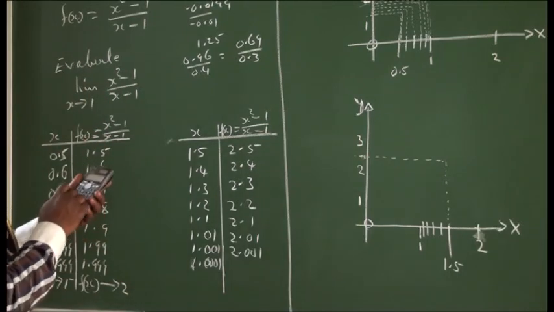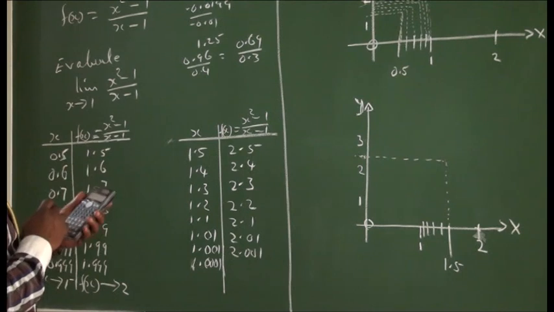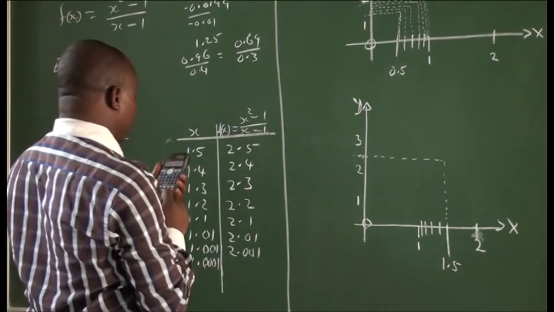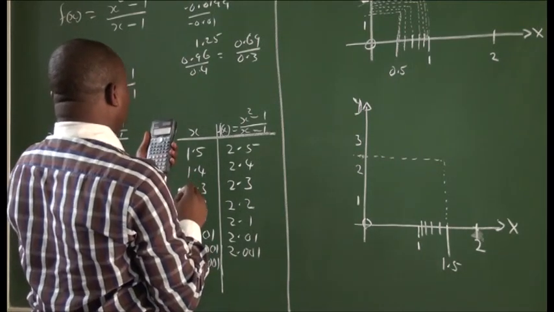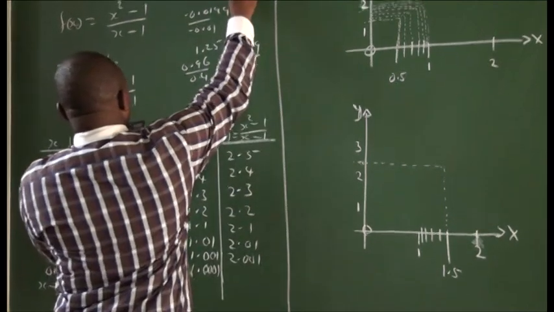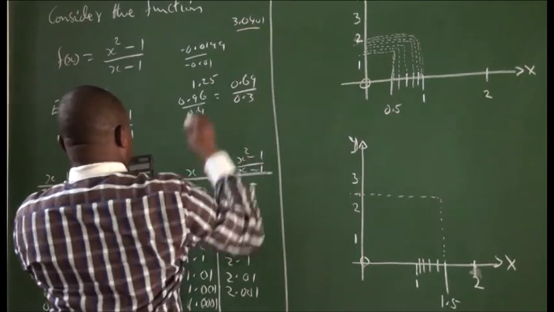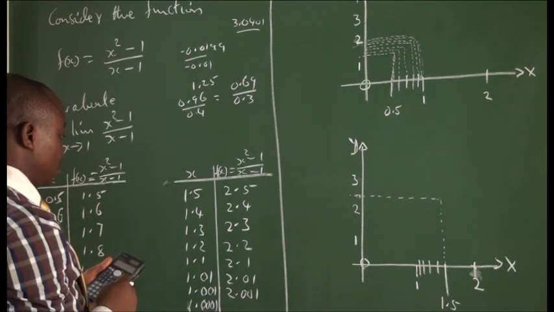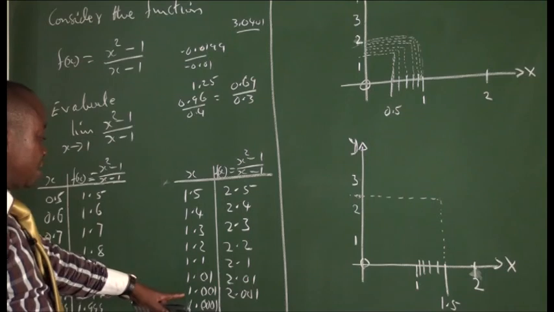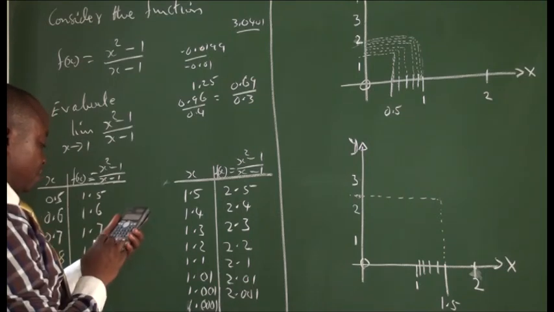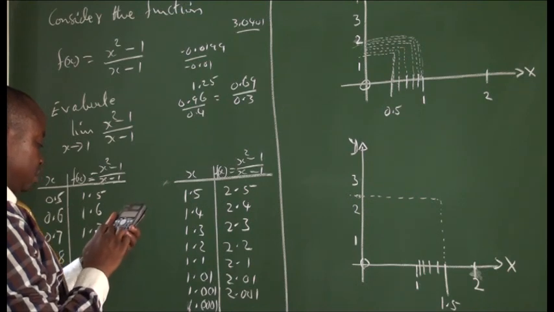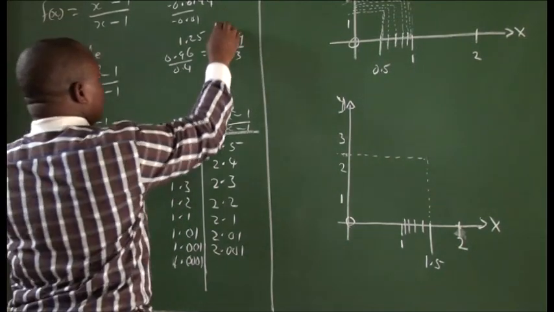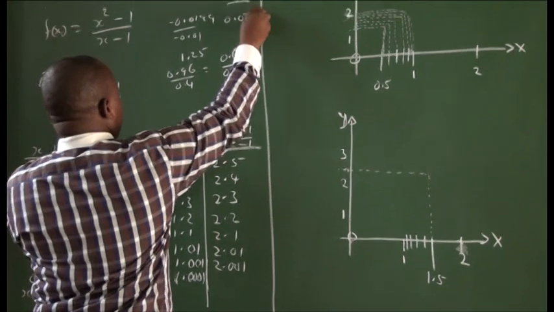Let's confirm that. 1.01 squared minus 1 gives us 0.0201.